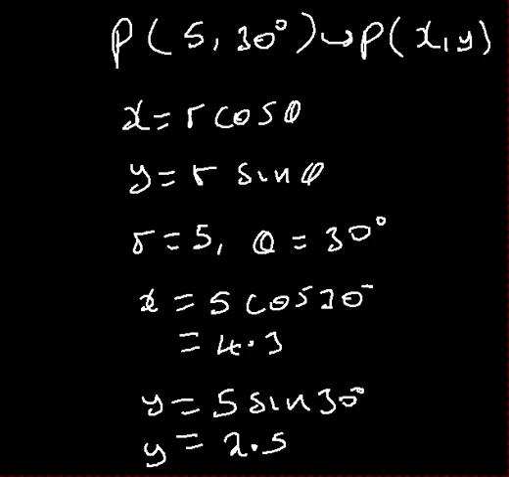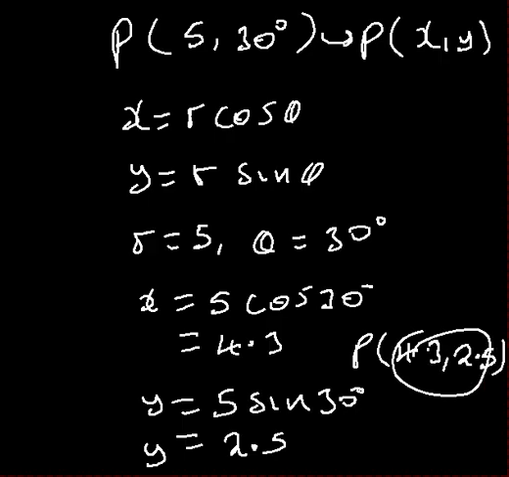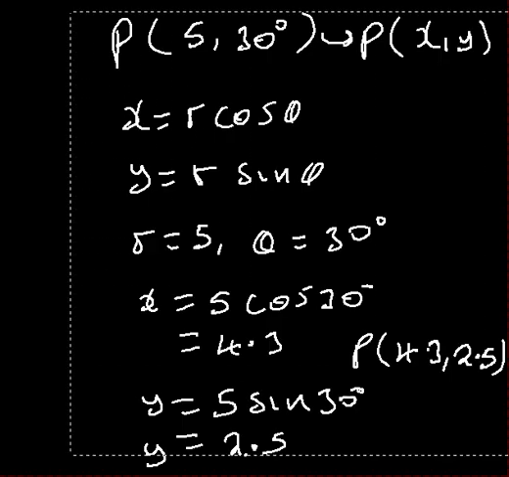Therefore, the point B will be given as, so we always start with the x coordinate, 4.3, comma, 2.5. So that's how we can have the point B in terms of the rectangular coordinate system.